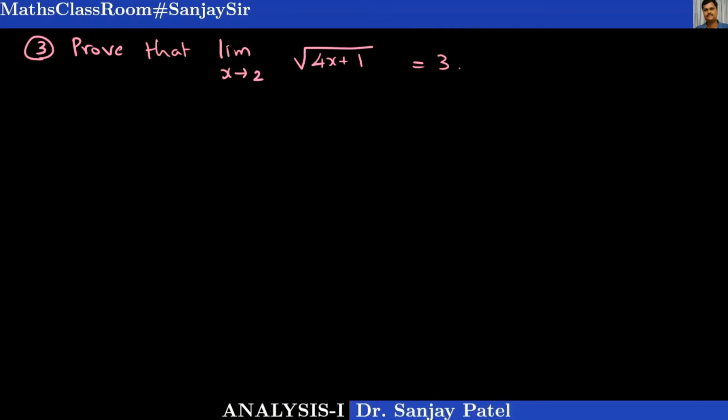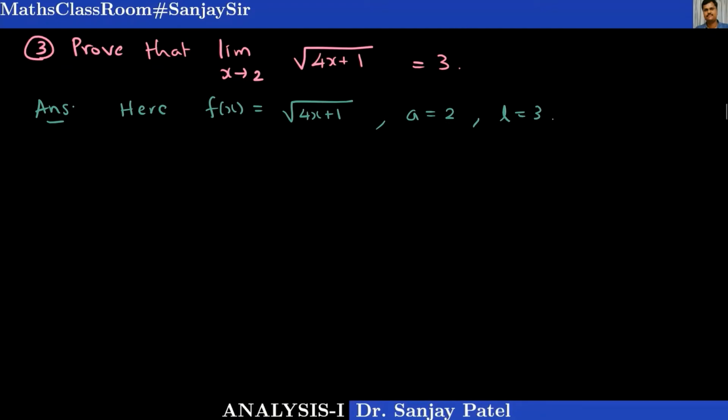So first of all, note that here we have fx as a square root function, square root of 4x plus 1. The point at which we want to discuss the limit is a equal to 2 and the value of the limit is 3, L is equal to 3.